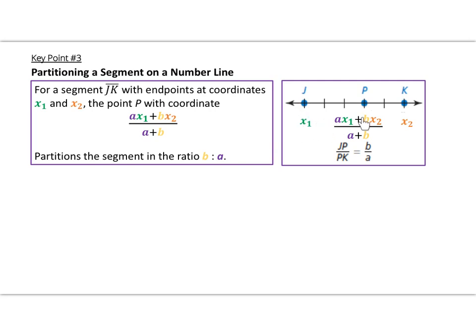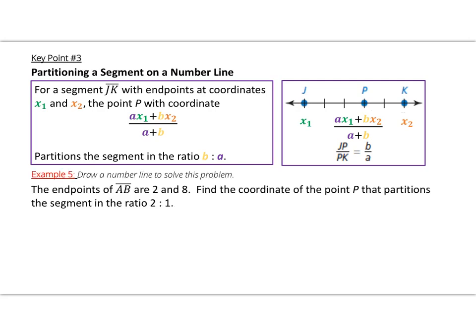So A comes before B, just like x1 comes before x2. And in the denominator, you're just going to add A and B together. So the order in which you add doesn't matter. So if you can remember this way of setting up your equation, partitioning situations will go a little bit easier. Hopefully.